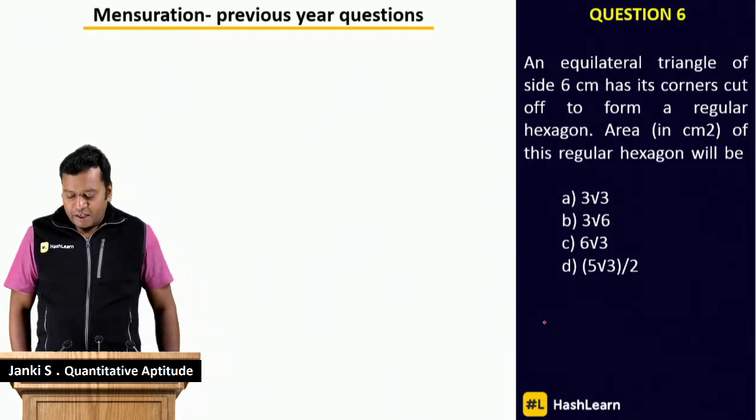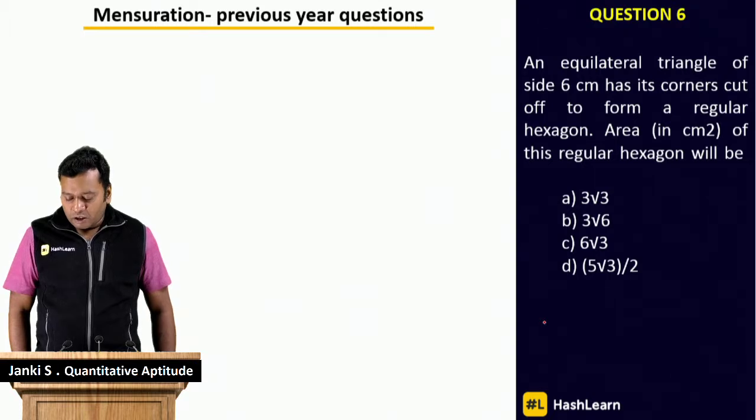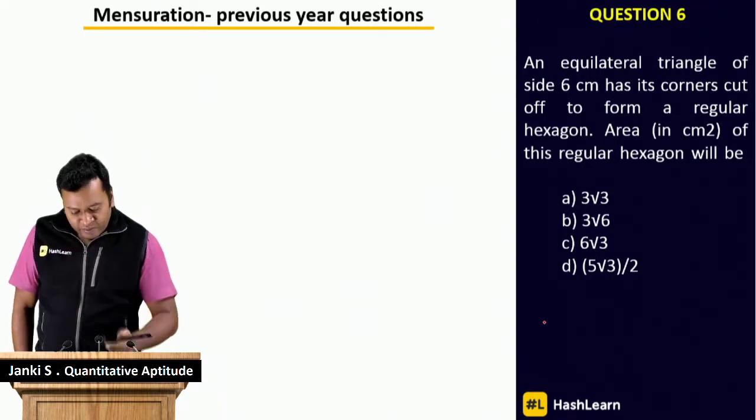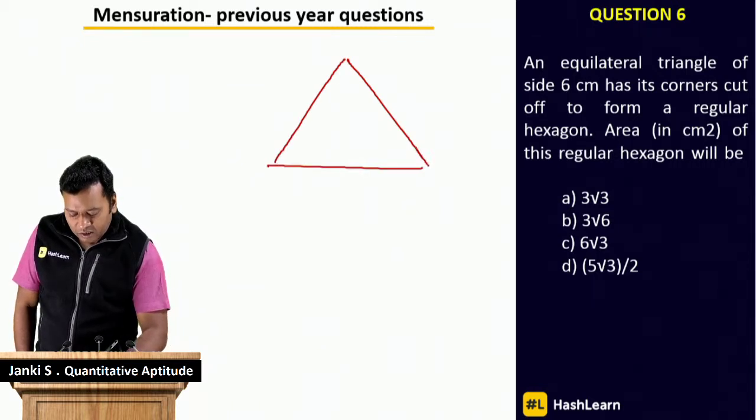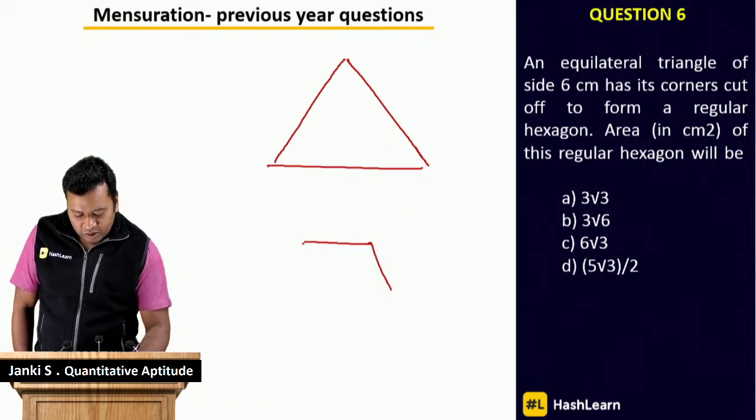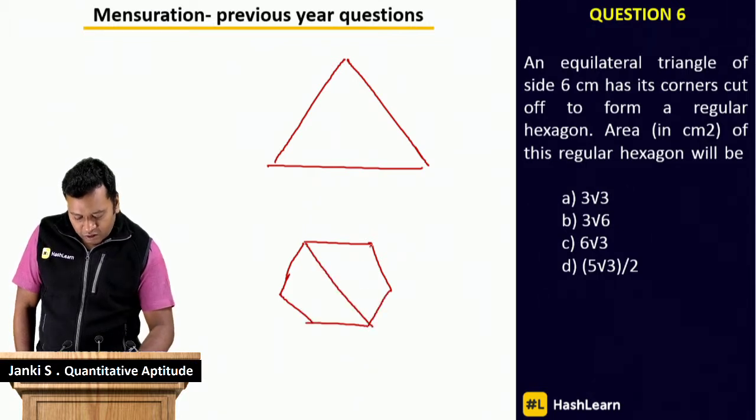Next one, an equilateral triangle of side 6 centimeter has its corner cut off to form a regular hexagon. Now what is a regular hexagon? Regular hexagon, let's talk about regular hexagon. Regular hexagon is nothing but a figure in this format. The good part is if we draw the 3 diagonals, that means I'll have 6 equilateral triangles available.